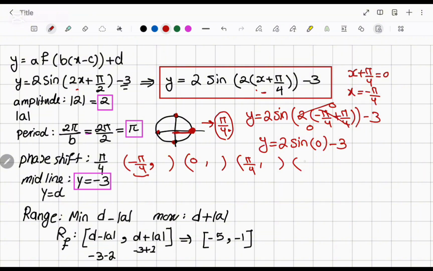Pi over 4 plus pi over 4 is 2 pi over 4. And then 2 pi over 4 plus pi over 4 is 3 pi over 4. And then 3 pi over 4 plus pi over 4 is 4 pi over 4, which is pi. And I'm going to continue until I get the first period of the function, a whole cycle of the function, okay? So pay attention.